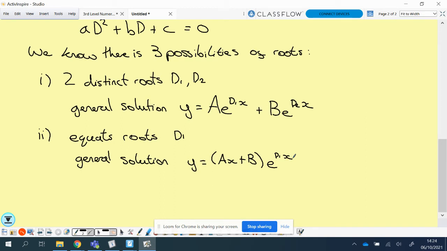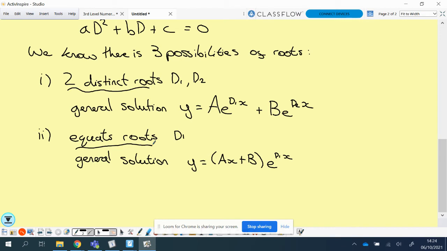So you can see it's very similar to what the first general solution looks like for type 1, two distinct roots, but there is a difference: there's an extra x attached to one of the constants, and we just have one root, so one exponential there. Are we okay with that?